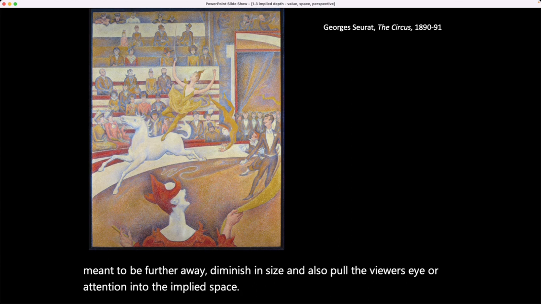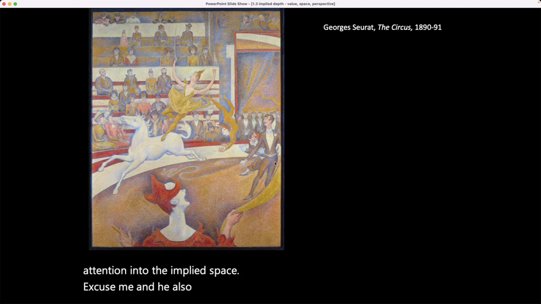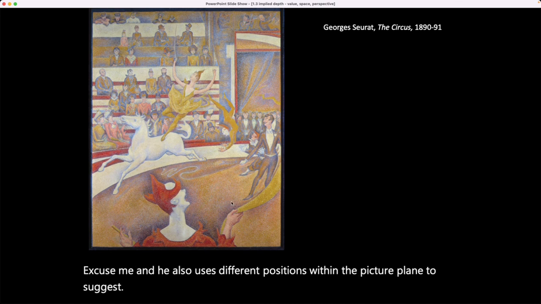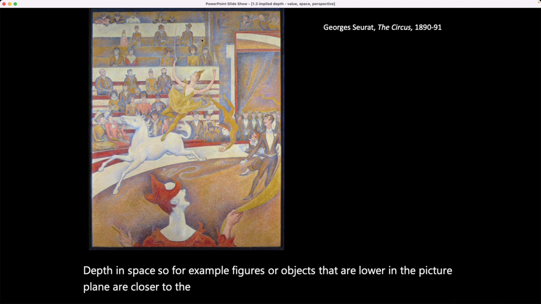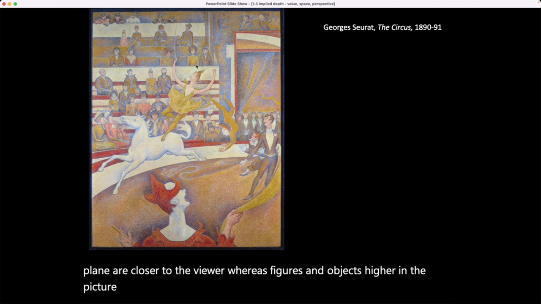And he also uses different positions within the picture plane to suggest depth and space. So, for example, figures or objects that are lower in the picture plane are closer to the viewer, whereas figures and objects higher in the picture plane are further away.